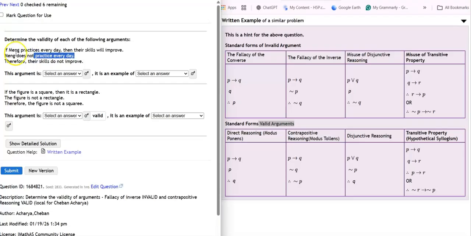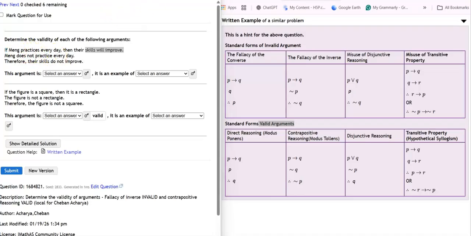The first premise says if P, practice every day, then Q, skill improve, so P right arrow Q because of the if-then. The second premise says does not practice, which is not P.